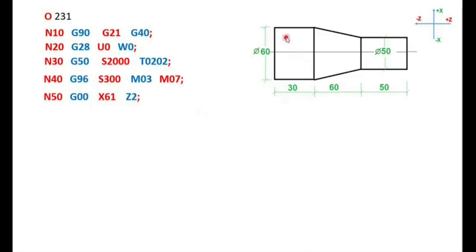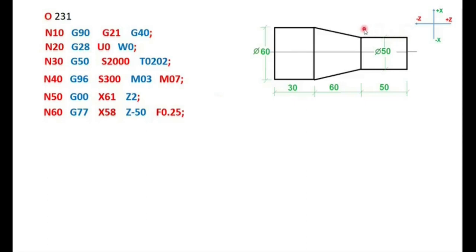X61 is slightly above this one, Z2 is here. So somewhere here the tool will come and stand. Then what will we do? We will use G77. G77 is used for turning operation, that is an outer diameter cutting cycle. From 61 it will remove down to 58. So 2 mm it will remove completely, till a depth of 50, from here till 50.